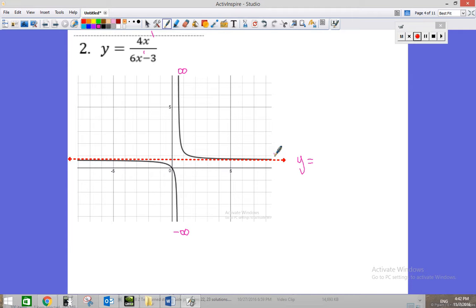But we don't look at that until the end of skill packet number 4. So I guess you have to believe me here that as x gets really, really big, this negative 3 becomes negligible. When you're far away from the origin, the graph is getting closer and closer to this line.